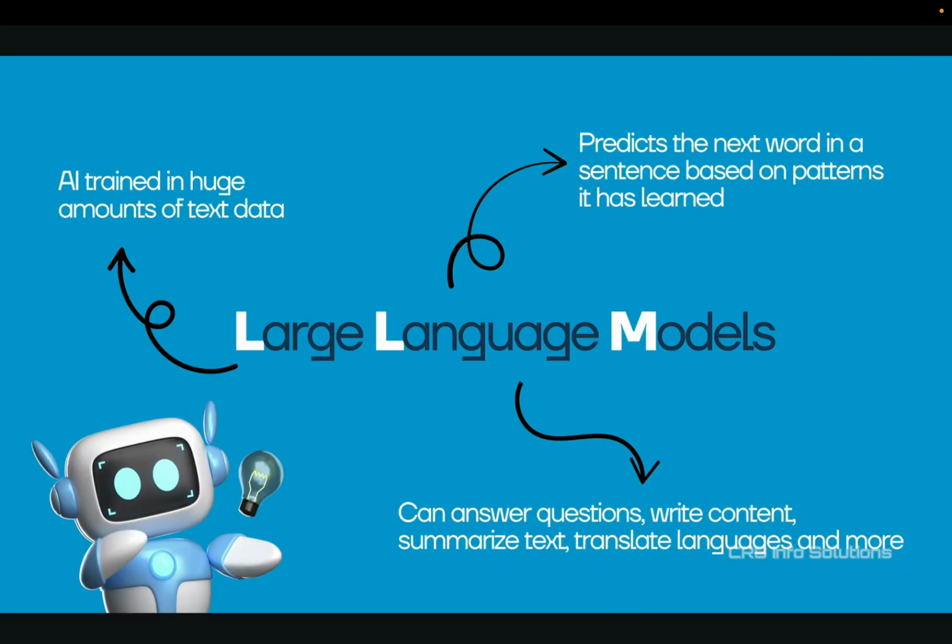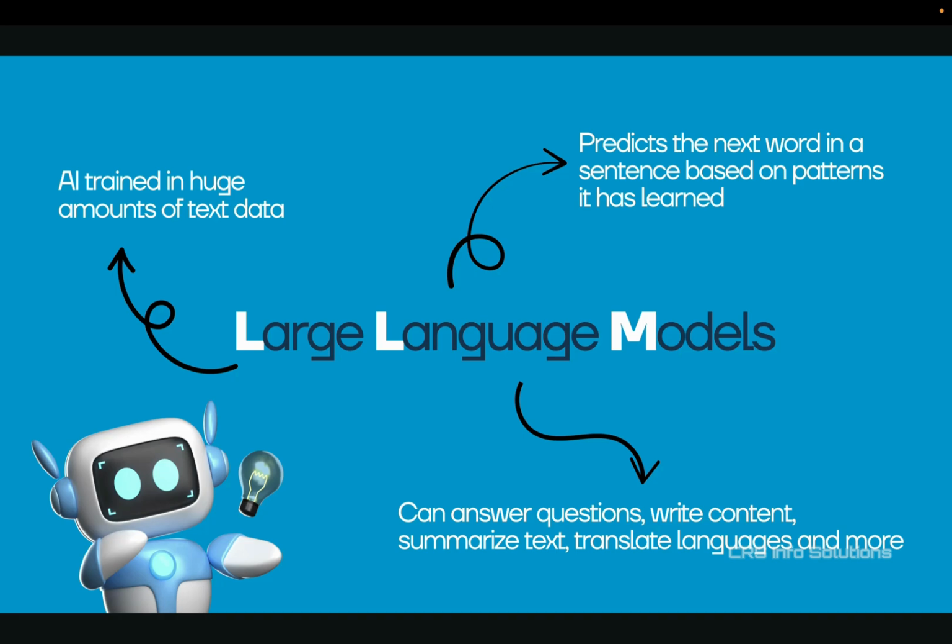Next, we have large language models, or LLMs. This is what makes AI understand language and respond intelligently. LLMs are AI models trained on massive text data. They predict and generate text, making AI sound more natural. For example, ever use a chatbot that felt like you were chatting with a real person?